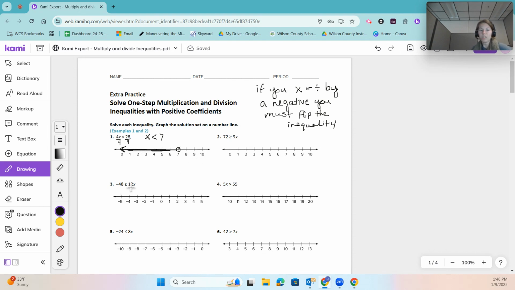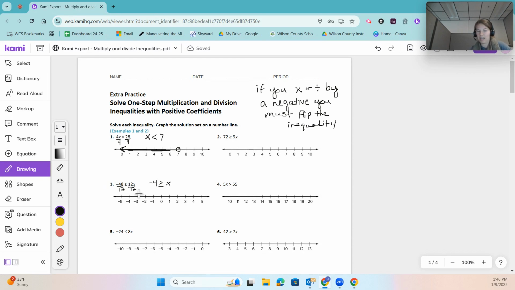Number 3 here, we have negative 48 is greater than or equal to 12x. Well, 12x means I divide by 12. Again, dividing by a positive, I do not change anything. Negative 48 divided by 12 is negative 4, so negative 4 is greater than or equal to x. Because I divided by 12, I do not flip the sign.